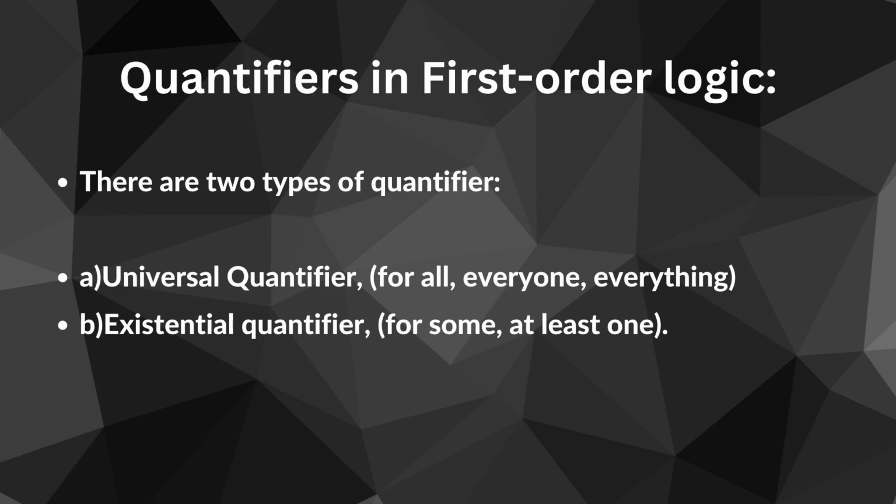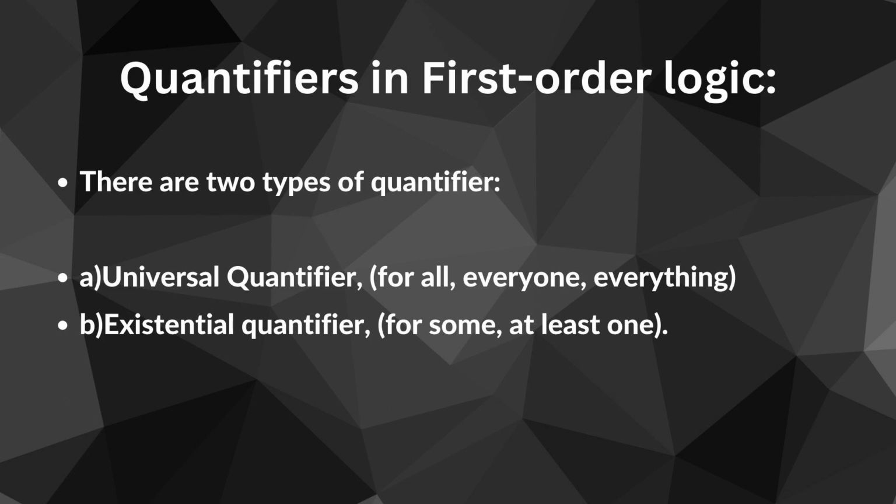It states that there exists at least one individual within the universe of discourse for which the given statement is true. These quantifiers play a fundamental role in expressing different kinds of statements about the scope and range of variables within logical expressions.